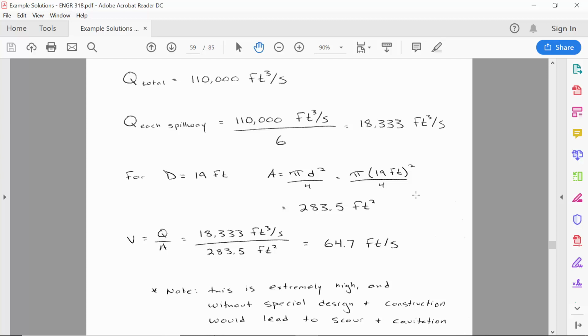Now the rule of thumb that I learned when I was in school, and I think it's still more or less applicable, is that a concrete pipe can handle about 10 feet per second without any risk of it being scoured or eroded or pitted over time. So 10 feet per second is kind of a good upper limit for day-to-day use in a concrete pipe.